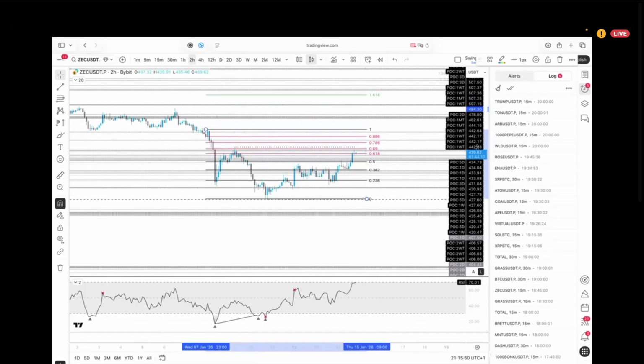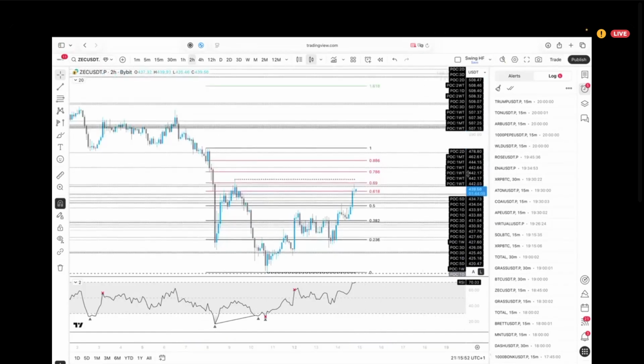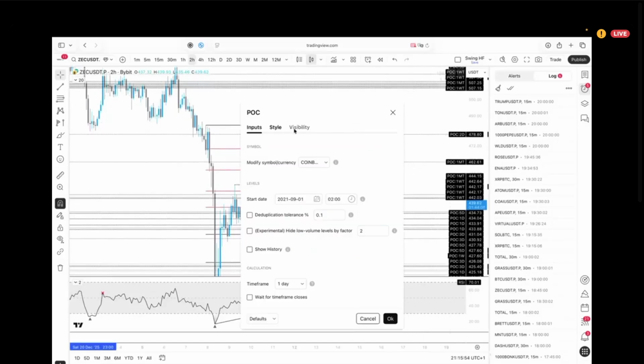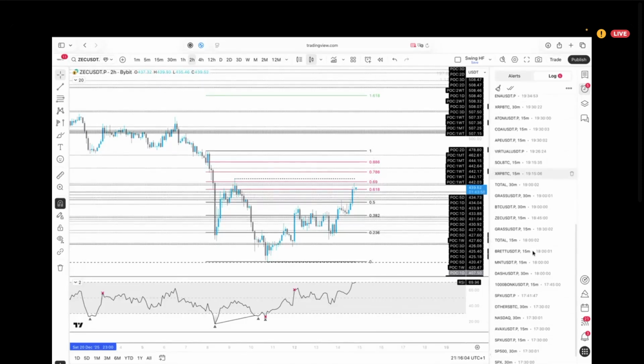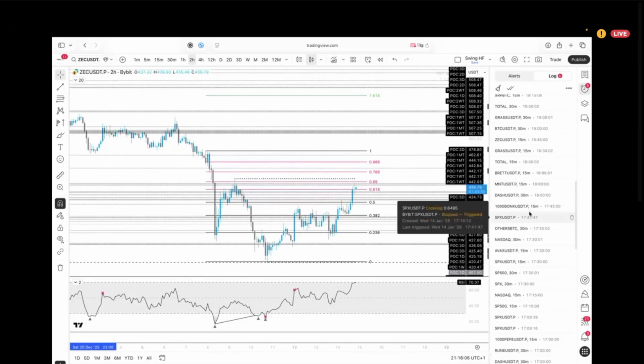Yeah, maybe this one, but let me take a look. It's a 2-day POC, yeah, which I changed. Or Coinbase, so you might take. For now, Zach, I wouldn't touch this coin due to what happened with the team developers.